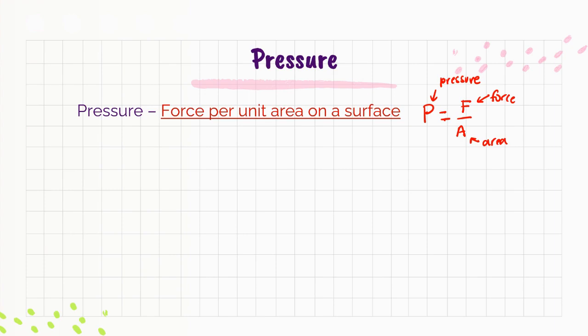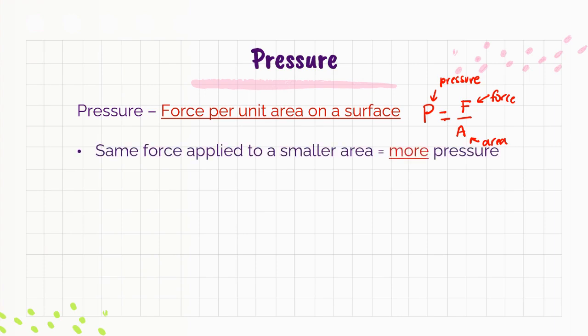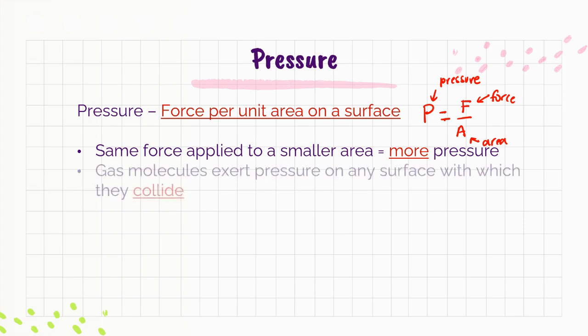Some specific points about pressure, some things that we should know. If you apply the same force to a smaller area, there's going to be more pressure. And I said if you increase the area, there's less pressure. So vice versa, if you decrease the area, there is going to be more pressure. Pressure is actually created when gas molecules hit or collide with the surface of the container.